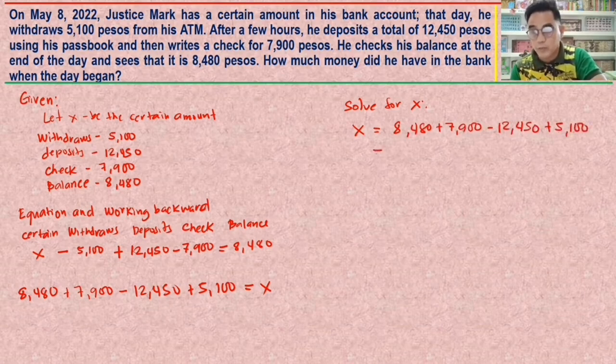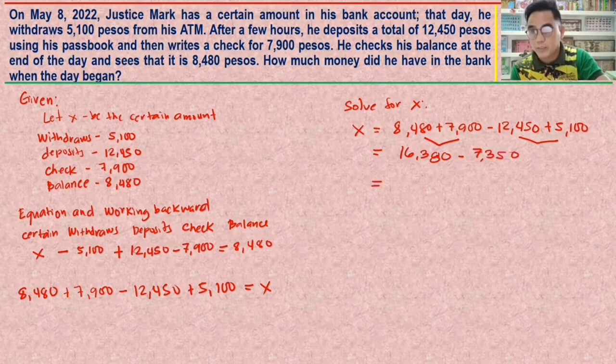Here we can do the simultaneous operation. We're going to add, and here we're going to subtract. So 8,480 plus 7,900 is 16,380. Negative 12,450 plus 5,100, we have negative 7,350.